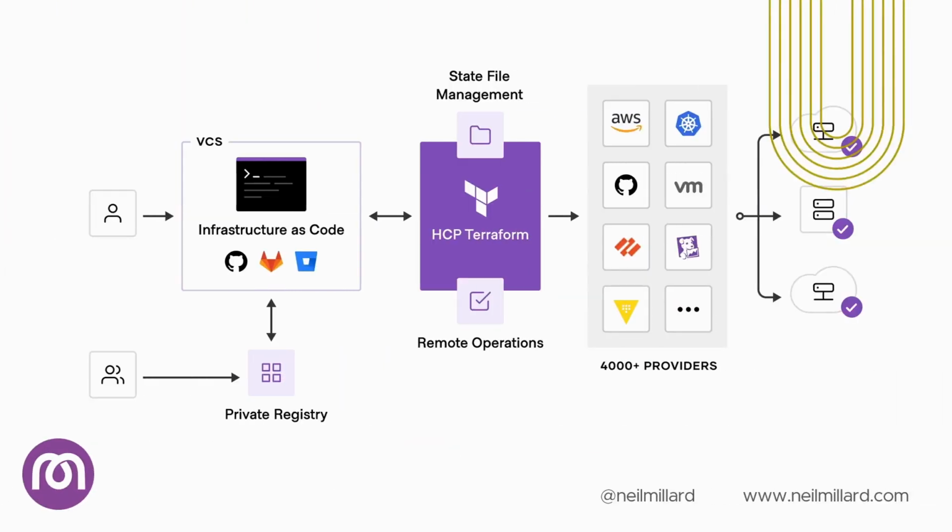So in summary then, we've got Terraform, it's HashiCorp to you and I. It can run infrastructure as code that we can store in our Git repository and then run it through any pipeline system like GitHub Actions or GitLab or Jenkins.